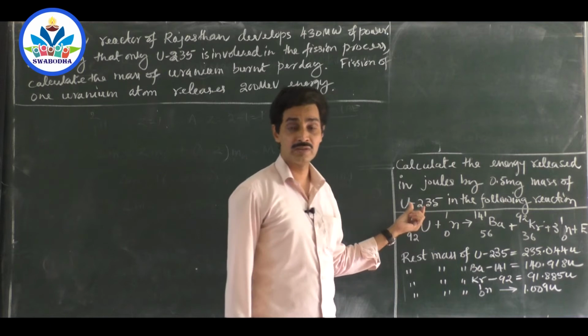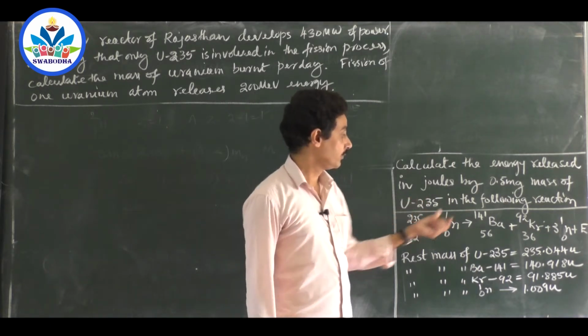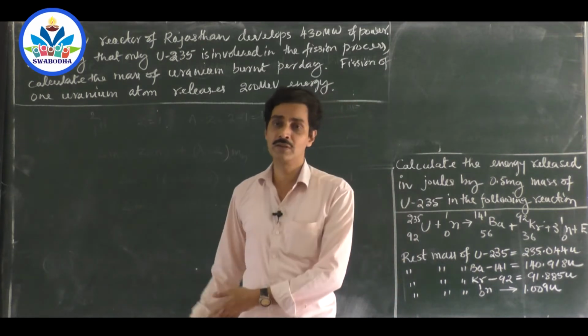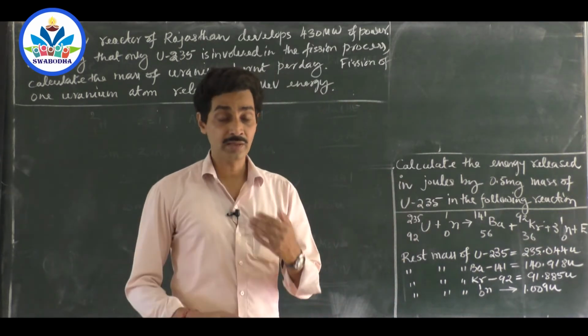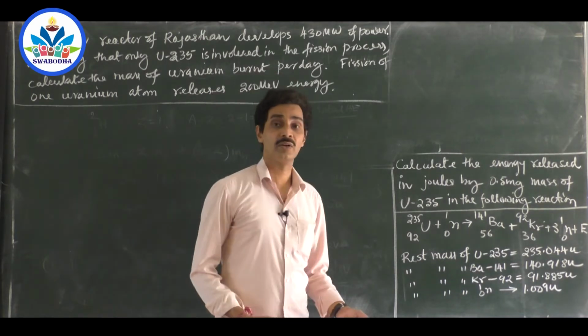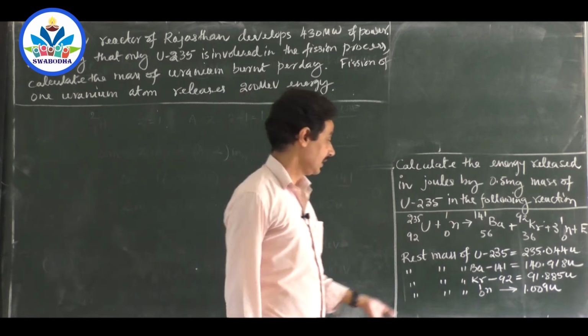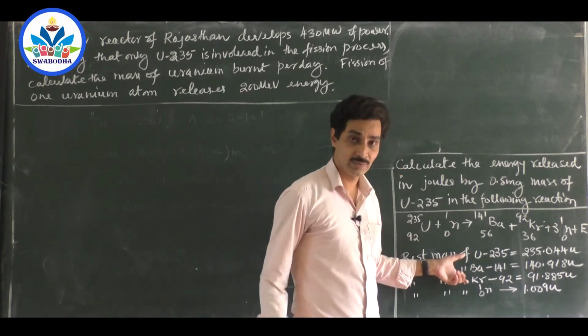Avogadro number of uranium-235, if you take, it weighs 235 gram. Then if 0.5 milligram is taken, how many molecules and how many atoms will it have? So many nuclei will undergo fission again and again, and totally it yields more energy, so many times the energy released in one fission.